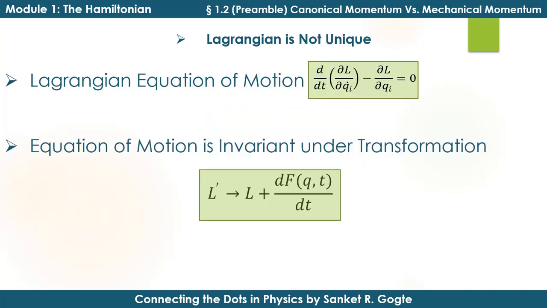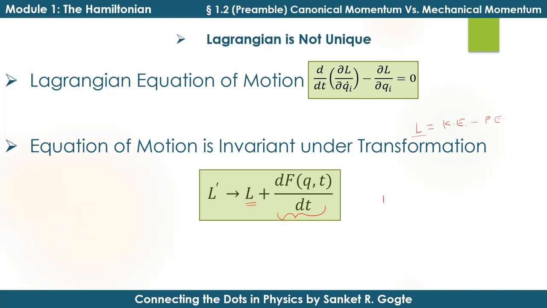Now if I consider this transformation, where L is the Lagrangian of the system that we have calculated and L prime is a new Lagrangian, this L is basically kinetic energy minus potential energy. So to this Lagrangian, we are now adding this term df/dt.